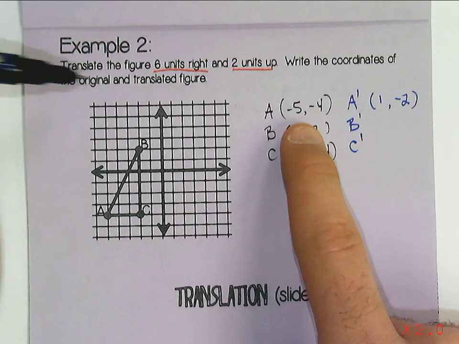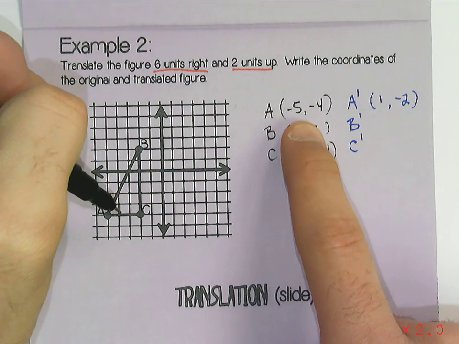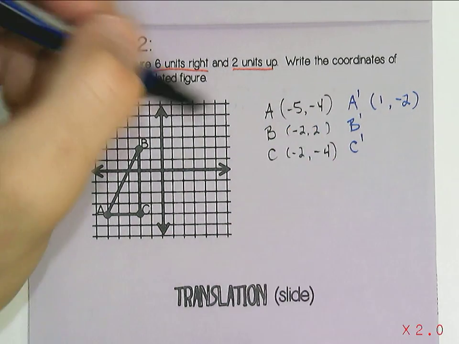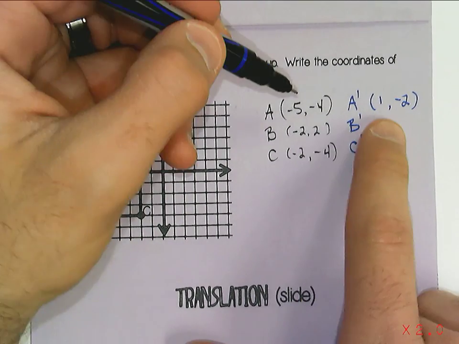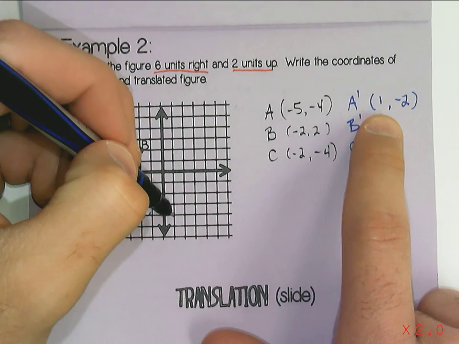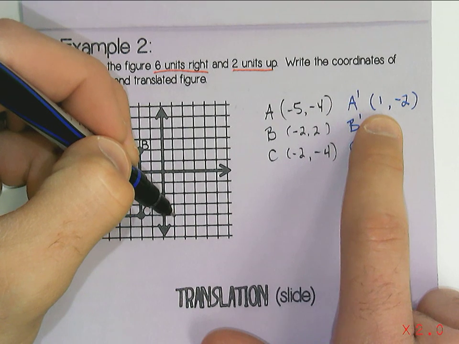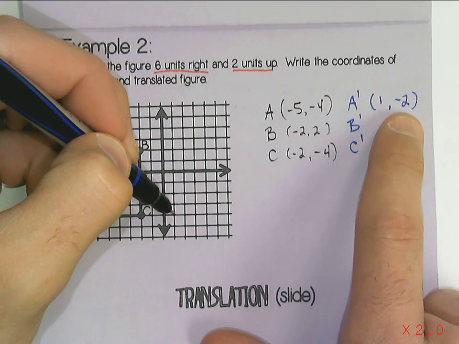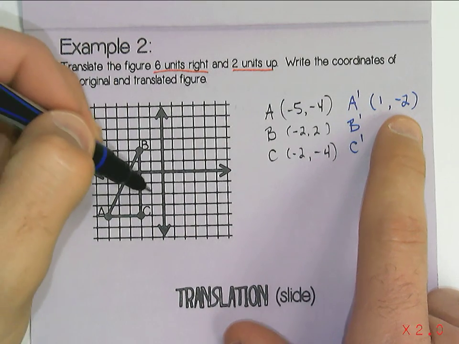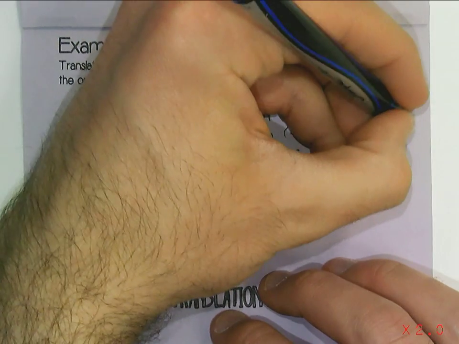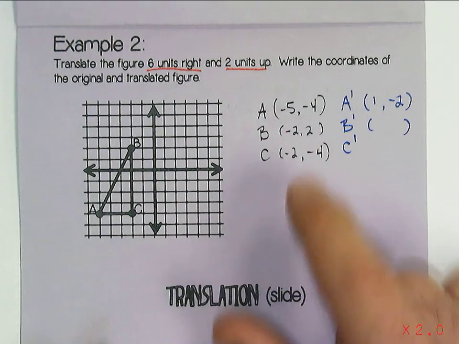So 2 units up, yeah, that should be right. Negative 5 plus 6 would be 1, and then negative 4 plus 2 would give me negative 2. May have to check that when we look at it.